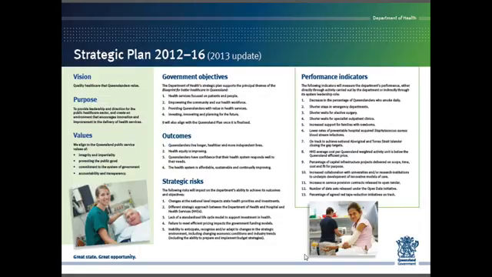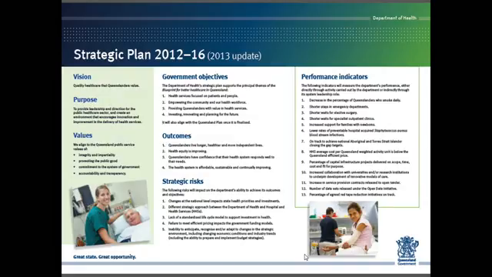As you can see here in front of you, there are a couple of sections which is quite common across the board for most strategic plans. And keep in mind that these are organizational strategic plans. These are big overall plans. So we have vision, so in this case quality healthcare that Queenslanders value. There's a purpose behind the plan.